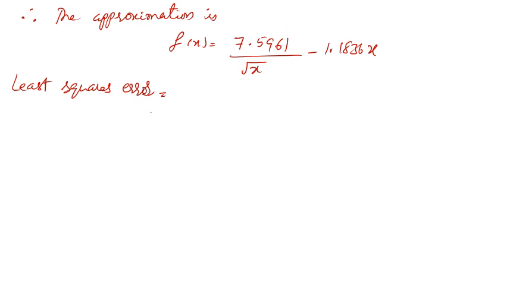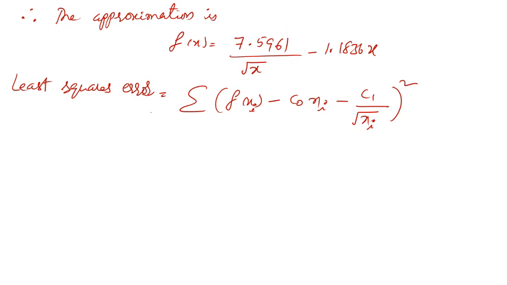Least squares error equals the summation of the function value f of xi minus c naught xi minus c1 by root xi, whole square. So i goes from 0 to n. Already c naught is known, so summation i equal to 0 to how many values? 1, 2, 3, 4, 5. That is 0, 1, 2, 3, 4, so 0 to 4.